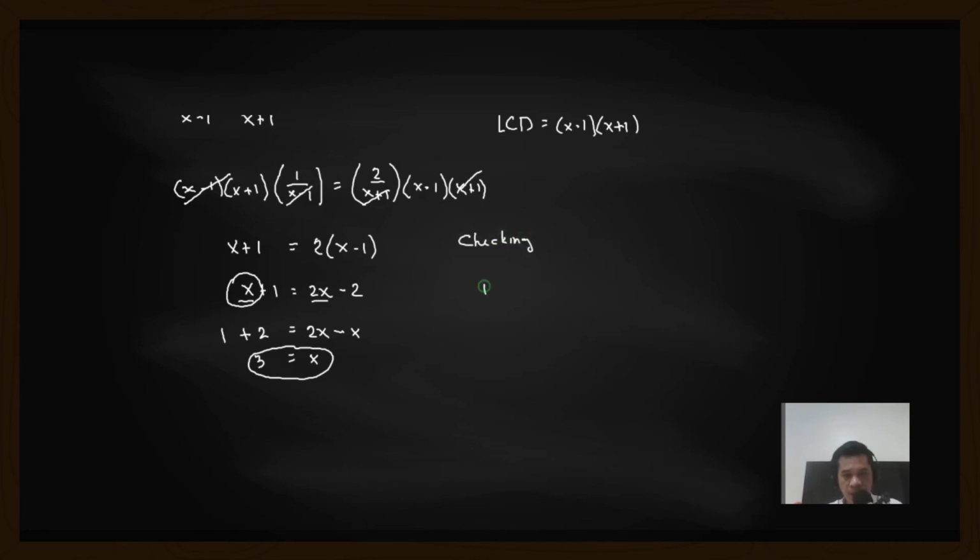So, the original is x minus 1 is equal to 2 over x plus 1.